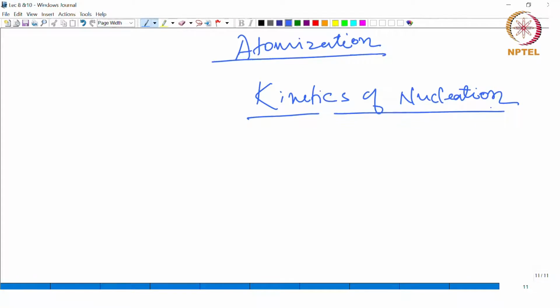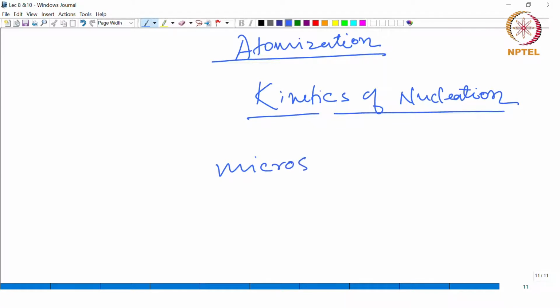That means, you will have to see what is the rate of nucleation and at what rate it grows. That will decide the structure of the solid which is forming in terms of whether it will be a finer or a coarser particle, or the microstructure, as we call it.